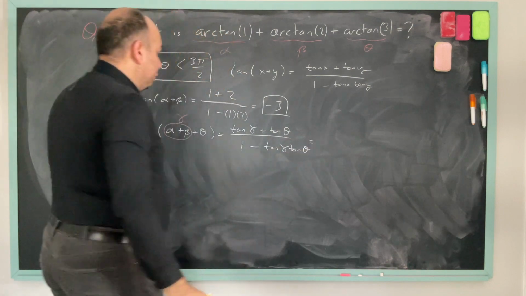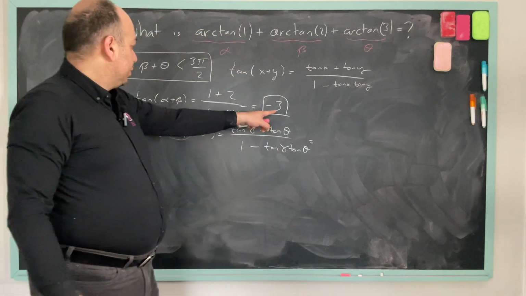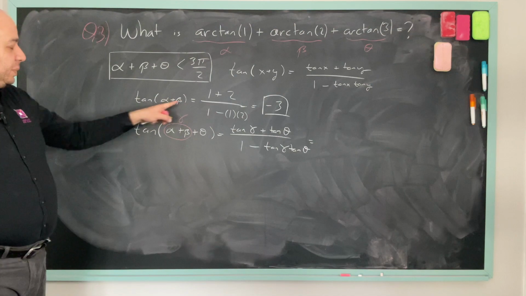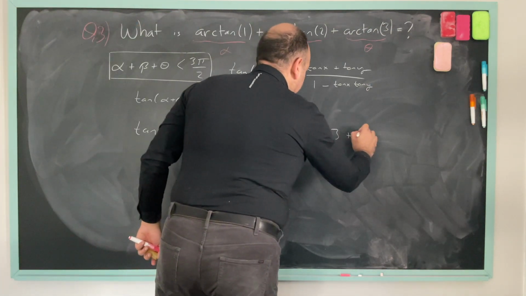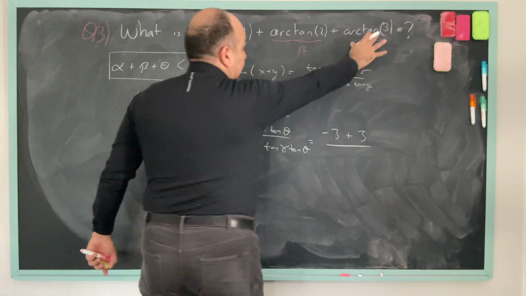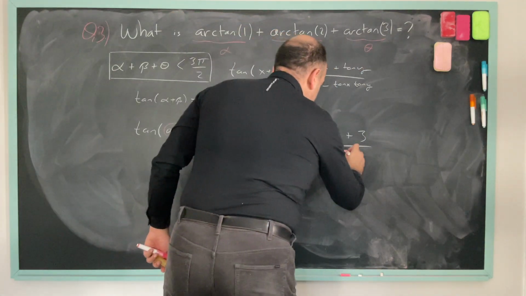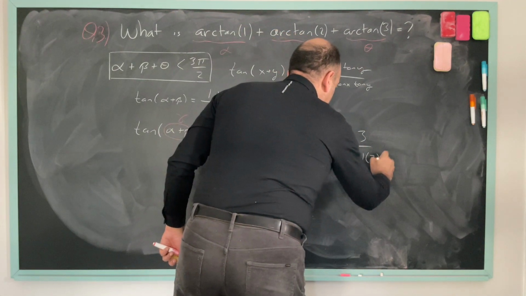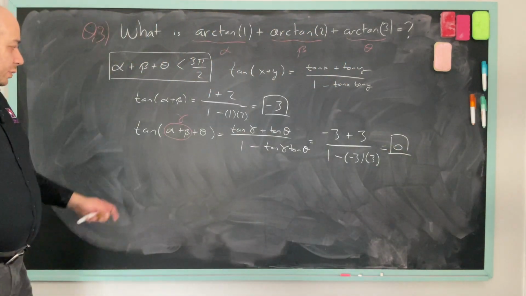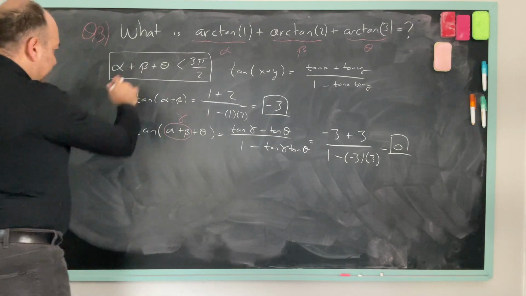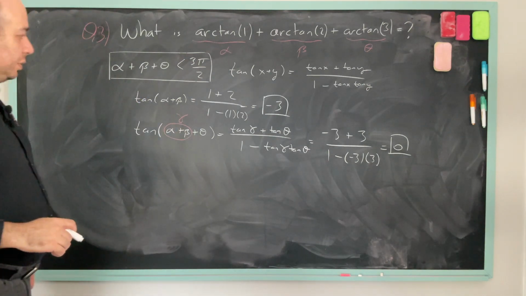Tangent of alpha plus beta is tangent gamma, so it's minus 3, then plus 3, because this is tangent theta, over 1 minus 3 times 3. And this is simply equal to 0. So the tangent of this sum is actually equal to 0.